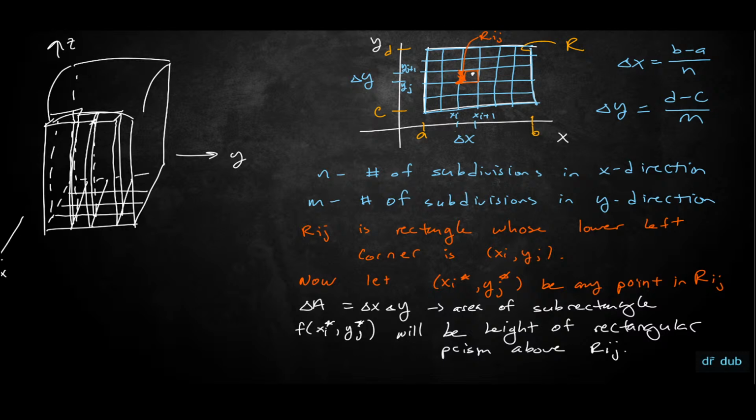So then the volume, V, is going to be approximately the double sum. i goes from 1 to n. Let me say 0 to n minus 1. From 0 to n minus 1. And j goes from 0 to m minus 1. f of x_i star, y_j star, delta A.